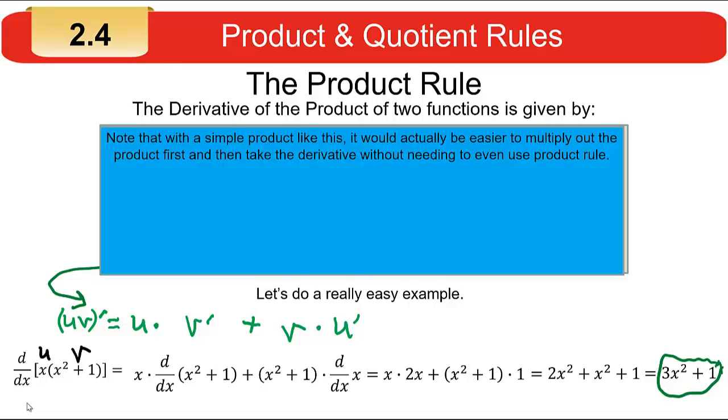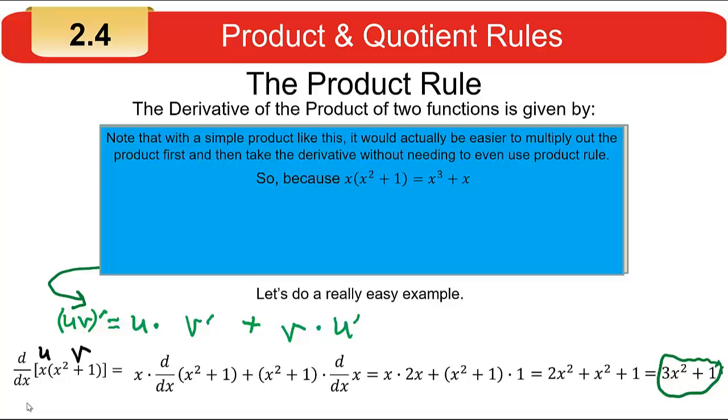One thing to notice, sometimes things are written as a product, but you can actually do the derivative more easily by multiplying out the product. And this would be one of those cases where it'd probably be easier just to multiply it out and use the power rule instead of using the product rule, even though either works.